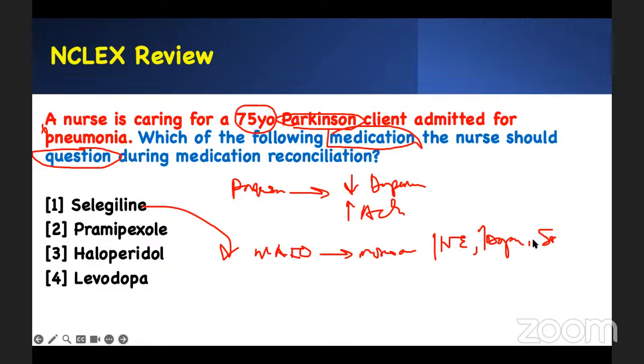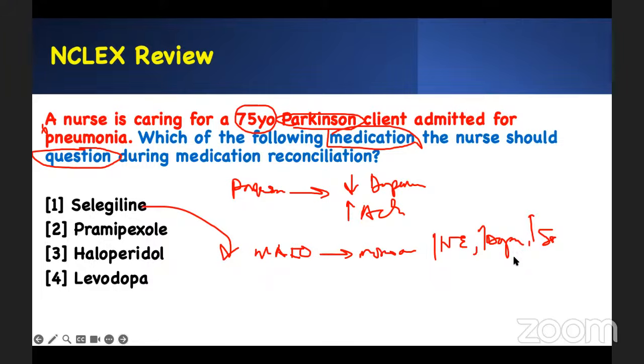That is why they are very dangerous when you use them for what? Depression. This is what they do, right? So what do you think? They prevent the breakdown of these neurotransmitters by blocking the enzyme that breaks them down.